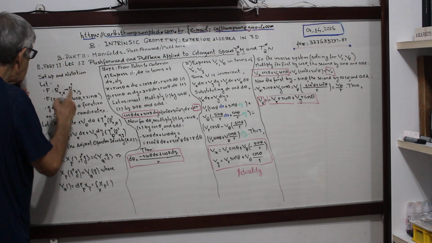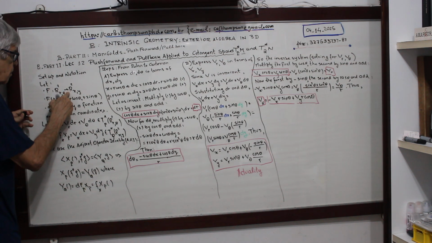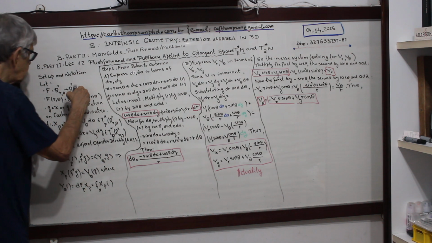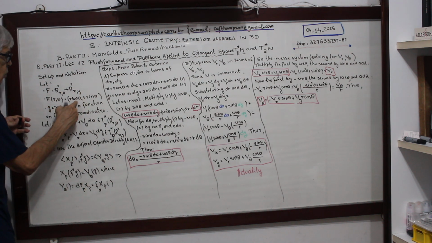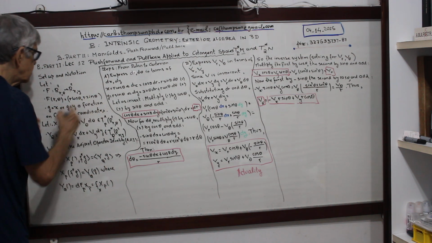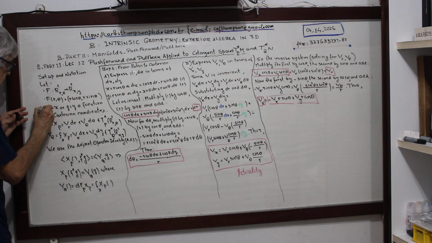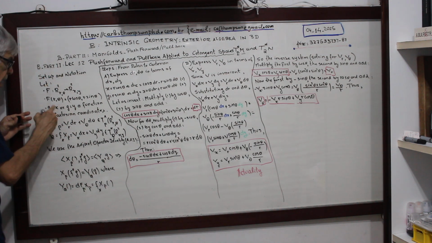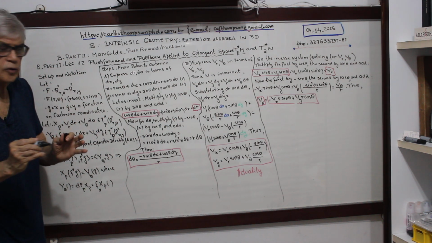Now, set up: let F be R squared, mapping polar to Cartesian. F is R cosine theta and R sine theta. You see? Now, attention now. The function G: coordinates are functions.